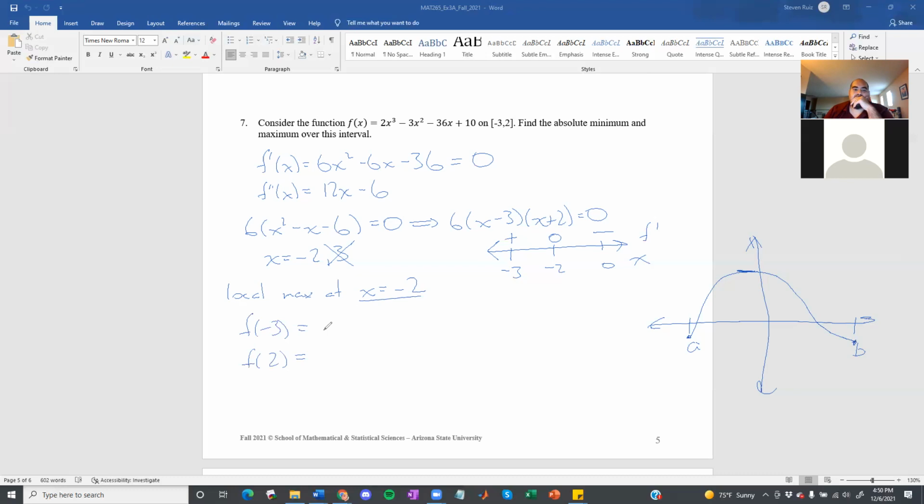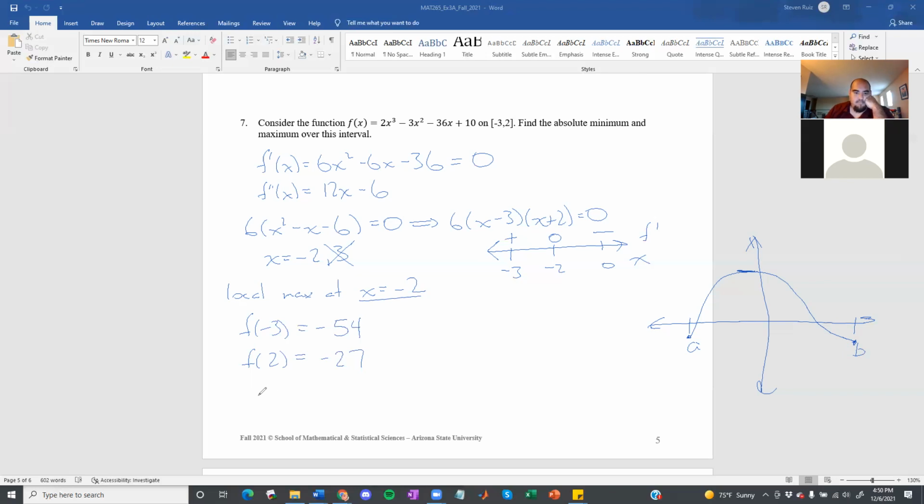So f of -3 would be -54, and then minus 27, and then plus 108 plus 10.